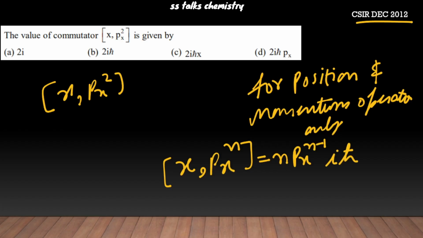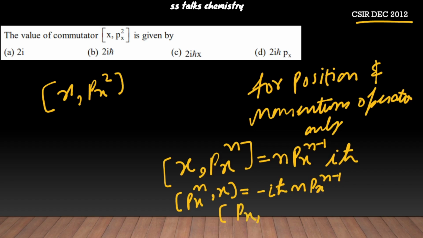Okay, similarly if you talk about px raised to the power of n and x, this is going to be minus iota h cut into n px raised to the power of n minus 1. In the similar manner, the commutator of px and x raised to the power of n is equal to n x raised to the power of n minus 1 into minus iota h cut.